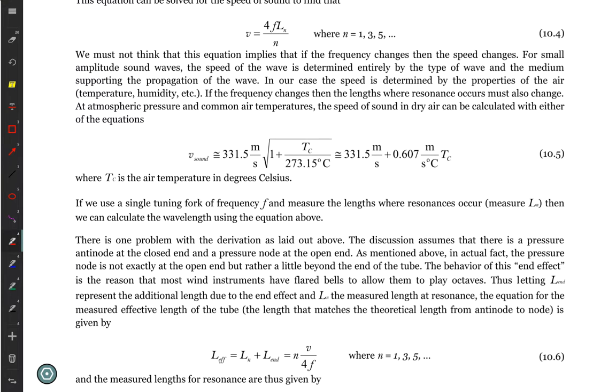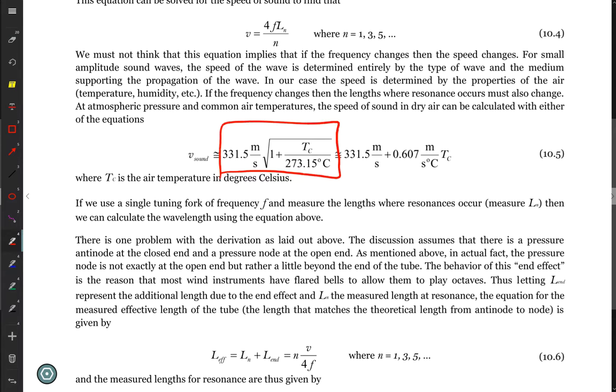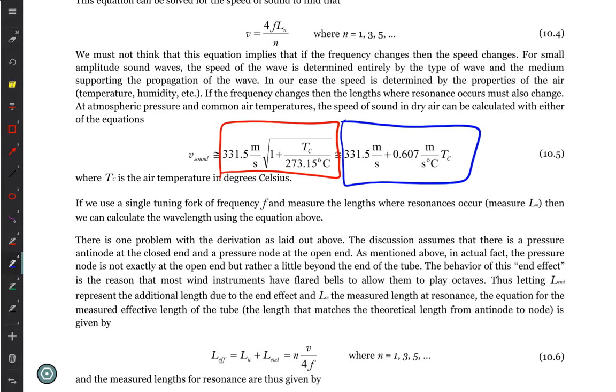I told you in class that the speed of sound in air is not the speed of the molecules in the air, but it is related to it. And so it depends on temperature, and I have two equations here. One equation in the red box, one equation almost in the blue box. There we go. You can use either one of those to convert from temperature into speed of sound.